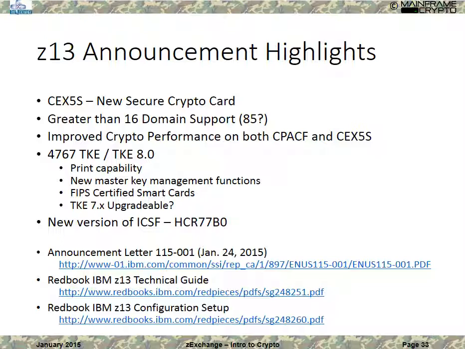You just buy the new card and the new LIC that will run TKE version 8. And then finally, there's a new version of ICSF that will support all of this new functionality, including up to 85 domains, and the new capabilities that are going to be on the Crypto Express cards.